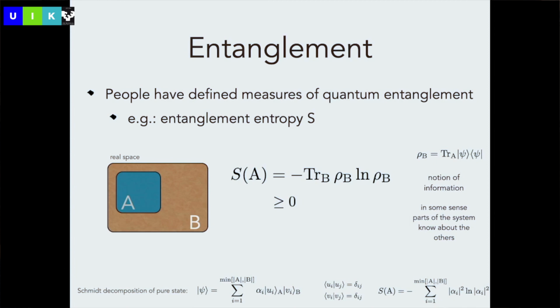And so this is the von Neumann entropy, and what it does is it tells you how much a subsystem A, which you should be able to choose freely, is entangled with the rest of your system. So it involves the density matrices, etc.